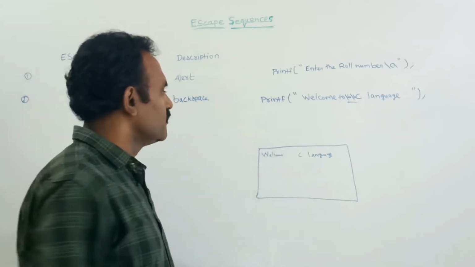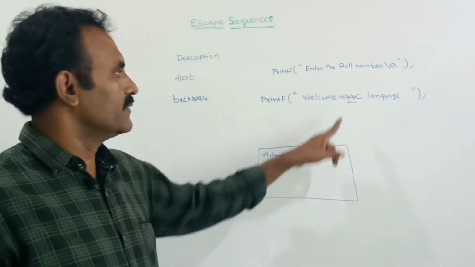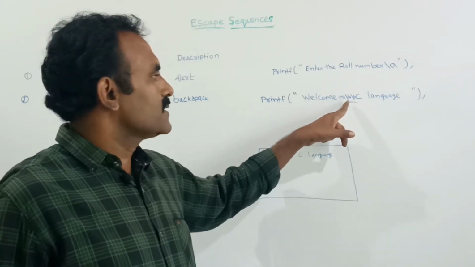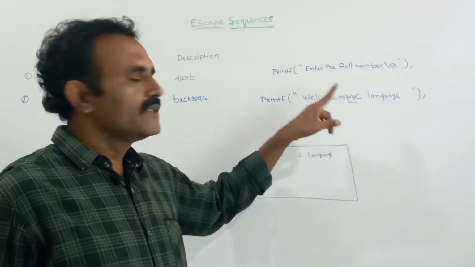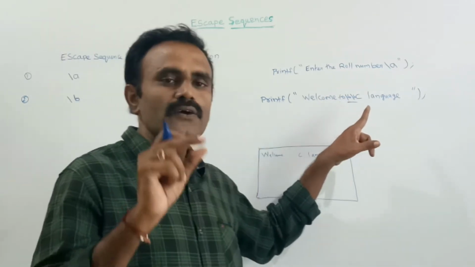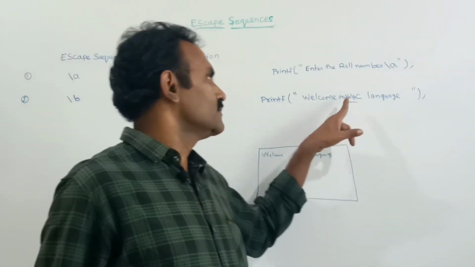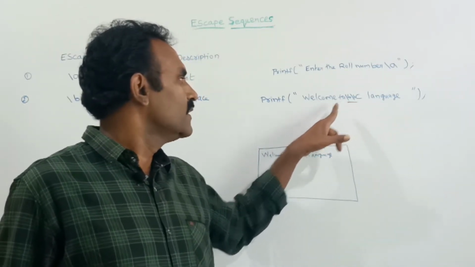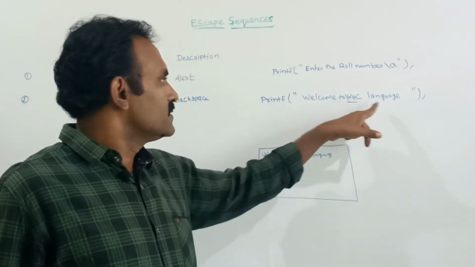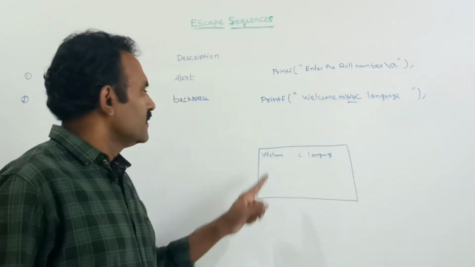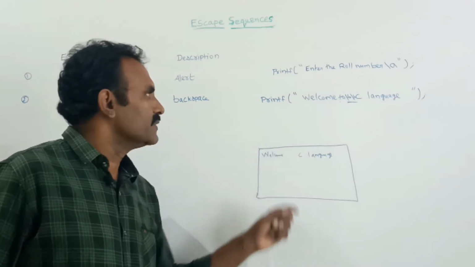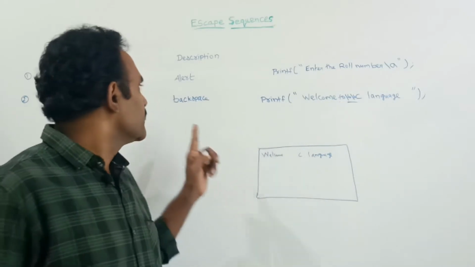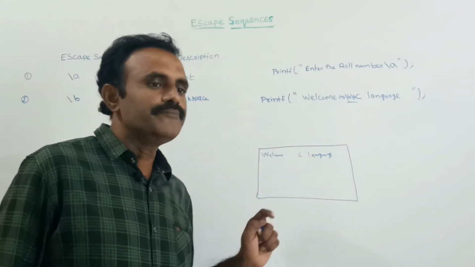So the output will be welcome C language, because here I am using double \b. For each and every \b it removes one letter in the backward direction. So here I am using two \b, so two letters are removed or trimmed. Now the output will be welcome and C language. So the \b is used for backspace.